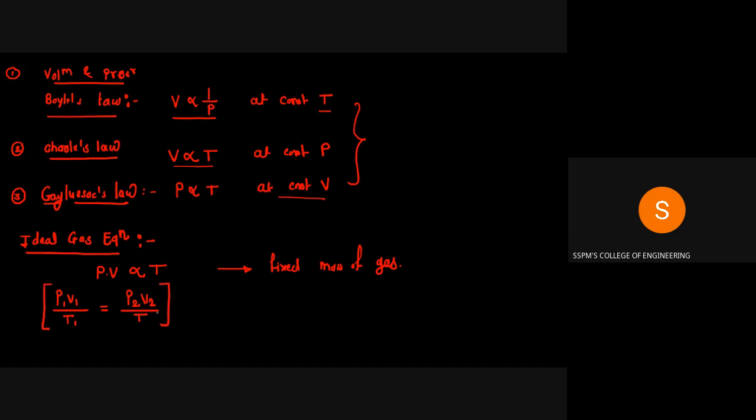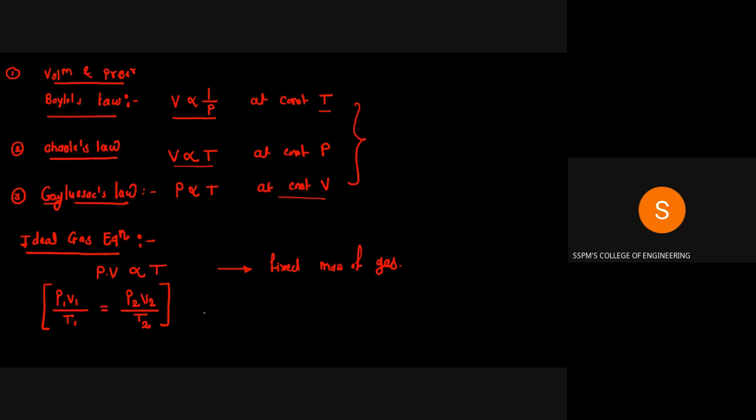For a particular gas, if the pressure changes from P1 to P2 and volume changes from V1 to V2, then we can write P1 V1 upon T1 is equal to P2 V2 upon T2.